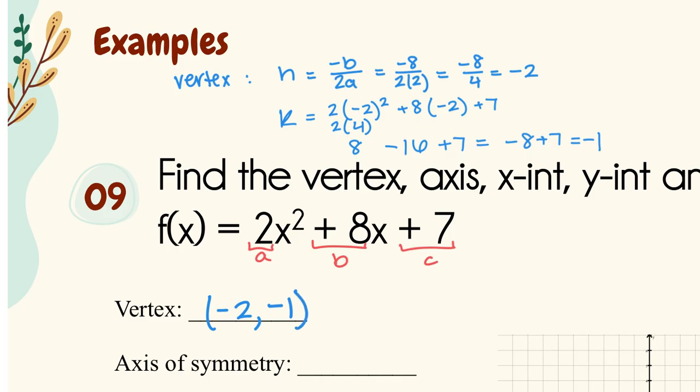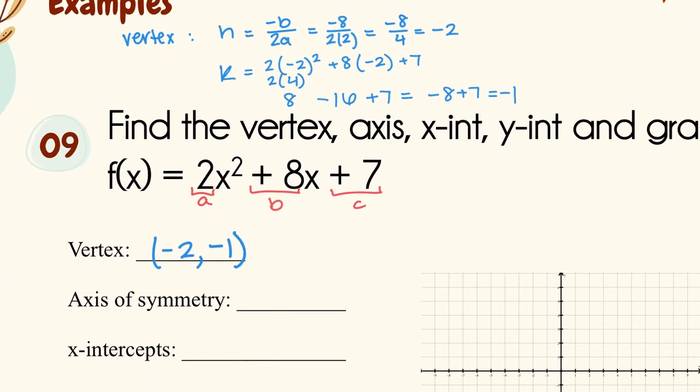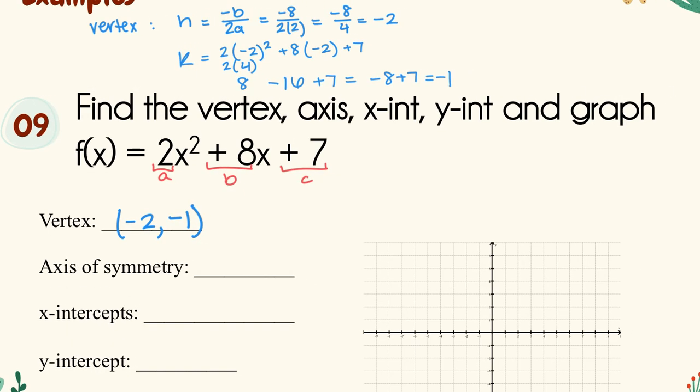Again, I can go ahead and graph that. Graphing it, negative 2 to the left and 1 down. That's my point for my vertex. And now my axis of symmetry is just going to be that one dotted line that goes down the middle.